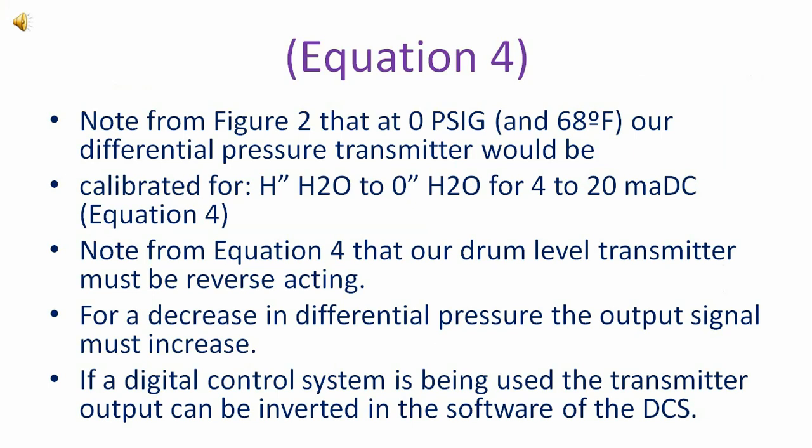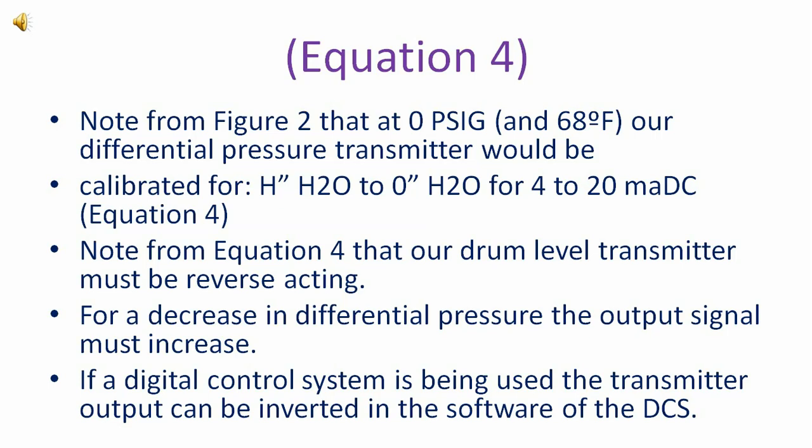Equation 4. Note from figure 2 that at 0 psig and 68 degree Fahrenheit, our differential pressure transmitter would be calibrated for H-inch H2O to 0-inch H2O for 4 to 20 milliampere DC.